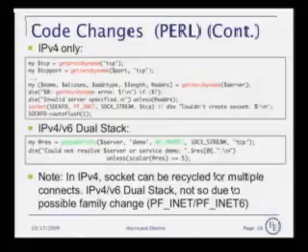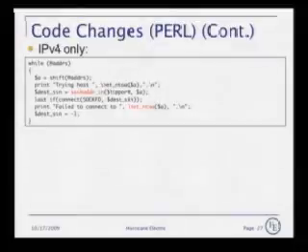But in the loop where you're trying to connect, in IPv4, the socket can be recycled for multiple connections, but with dual stack, you again need to move the creation of the socket inside the loop so that you can create an INET or INET6 socket as needed. Same stuff as the others. The IPv4 only version of the connection loop.